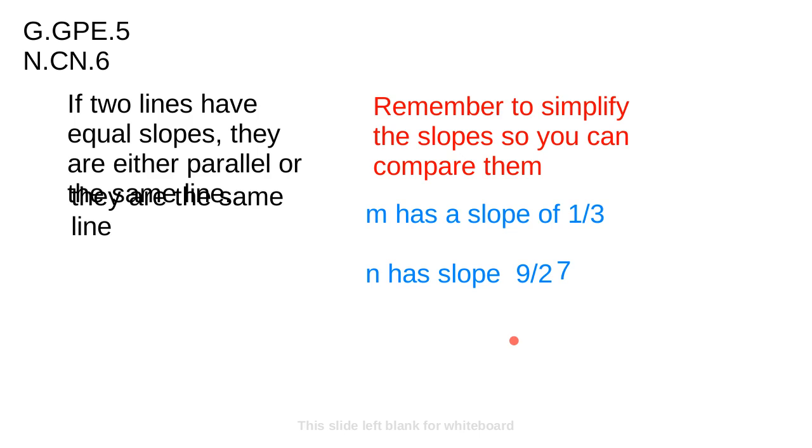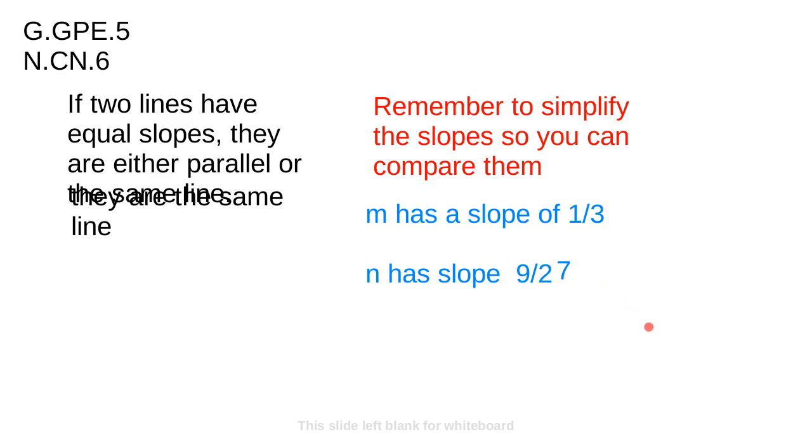Are they parallel? Are they going to intersect? Are they going to have proportional slopes? Or can you just not determine anything about them? So here are your options. And so then I'm going to ask the question. Jackson says they're parallel.